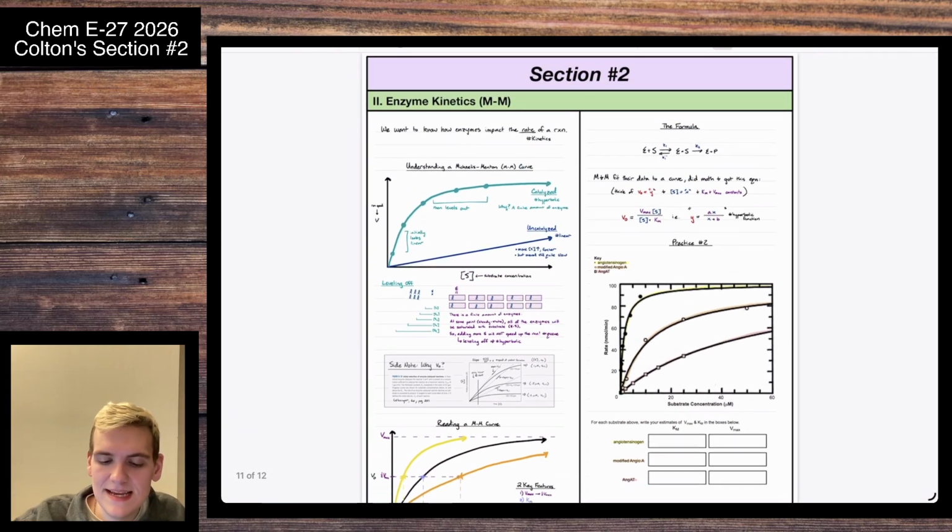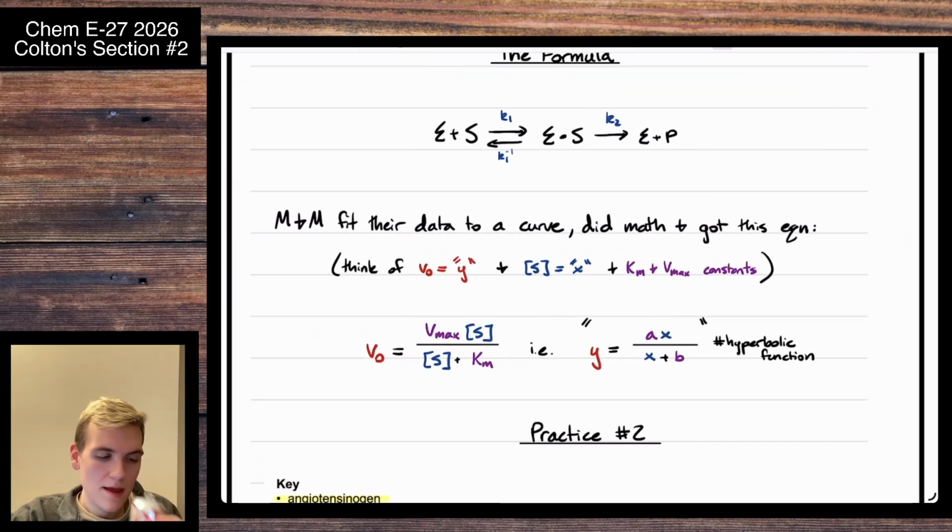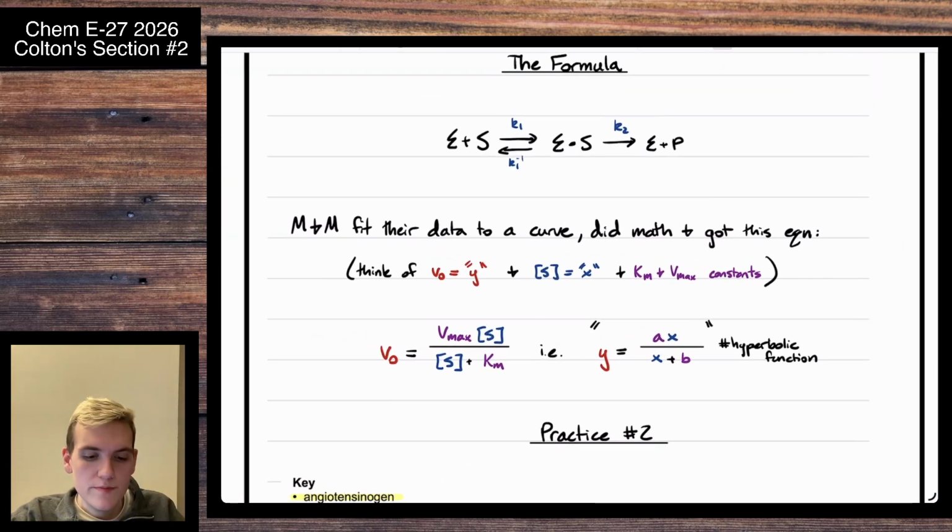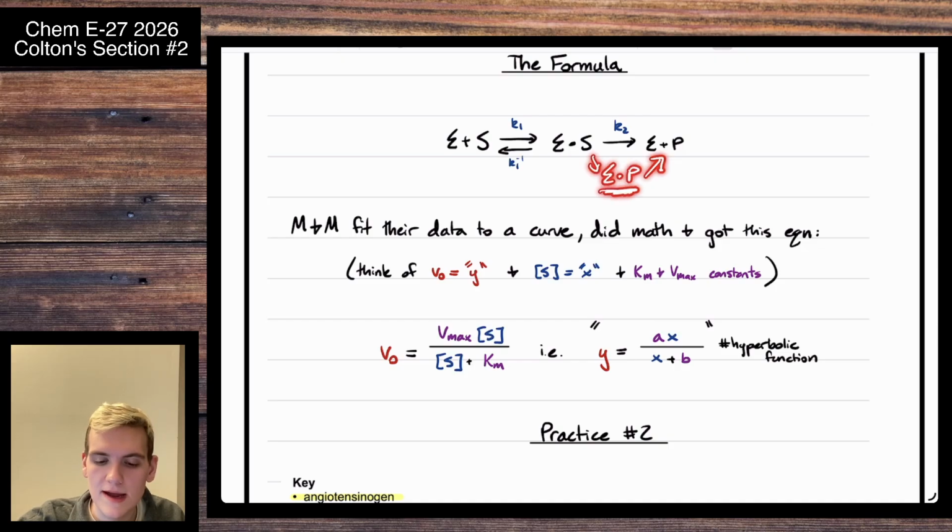With that, the last thing here is to touch on the formula. We are going from enzyme and substrate as separate things to enzyme and substrate coming together and becoming the enzyme-substrate complex. We show that with this dot in the middle. Then technically it goes to the enzyme-product complex, and then enzyme plus product.